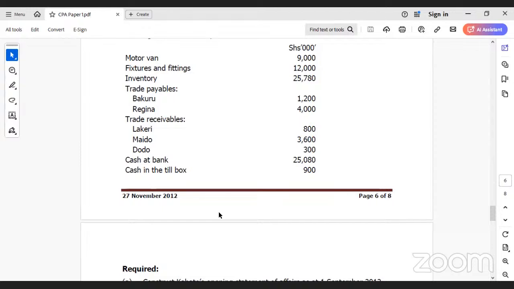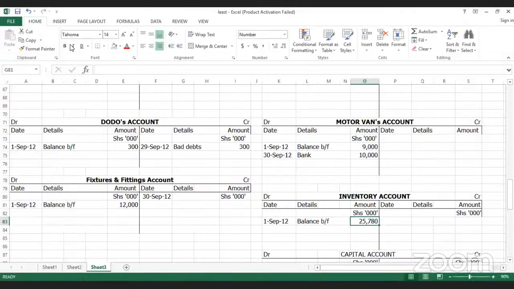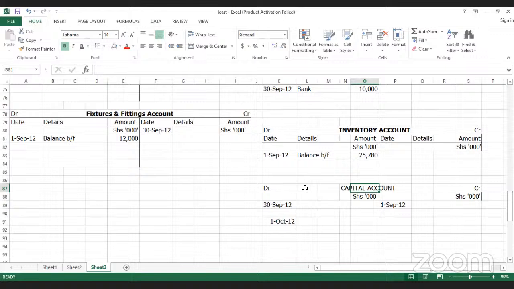Let's prepare the capital account. If we want to prepare the capital account, these accounts we are still pending. So we are preparing them. Then after, we see how to balance the accounts one by one.